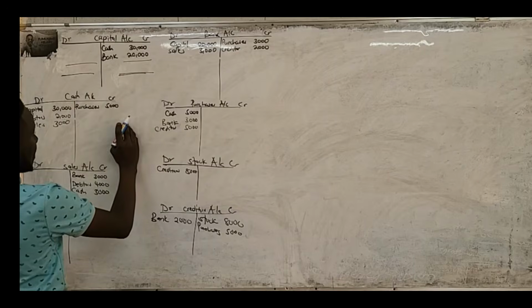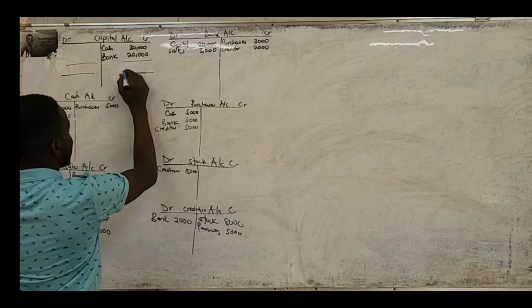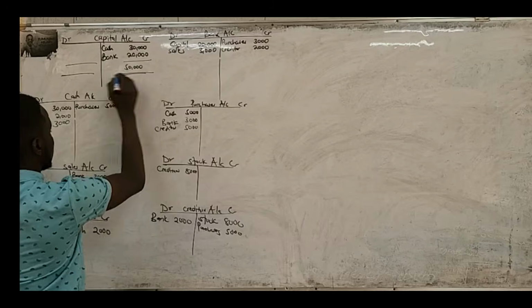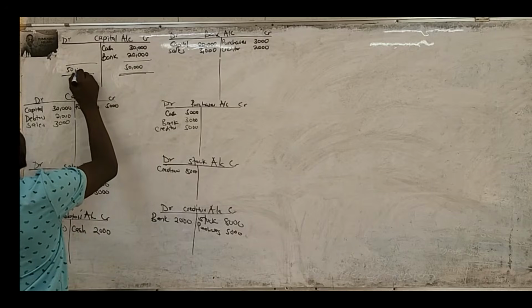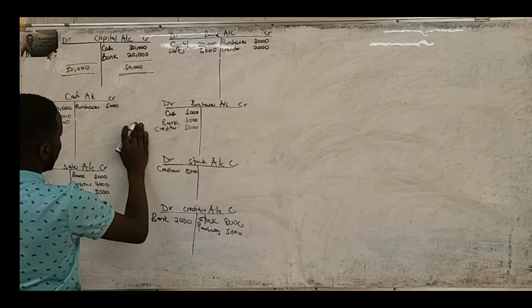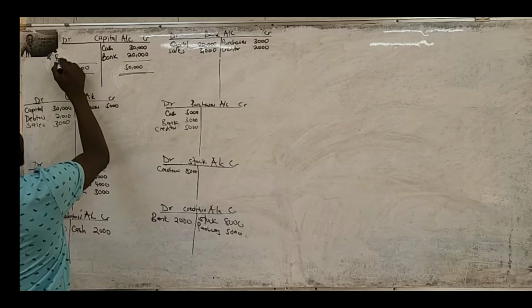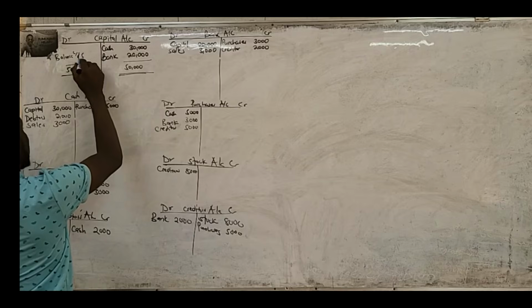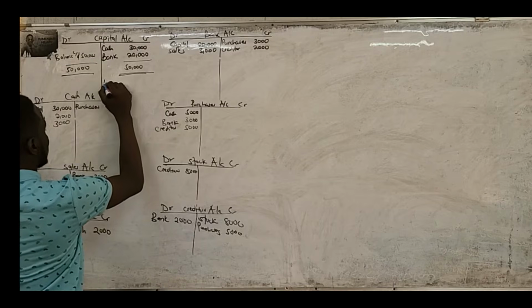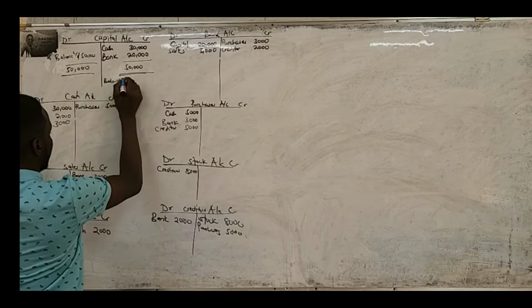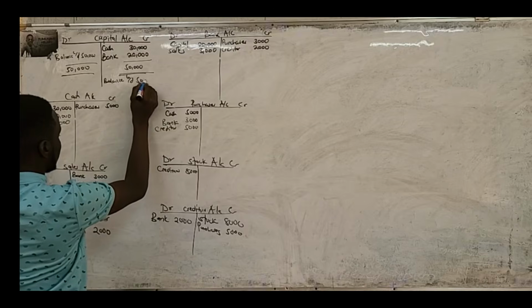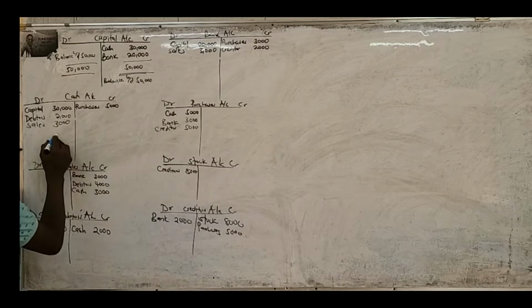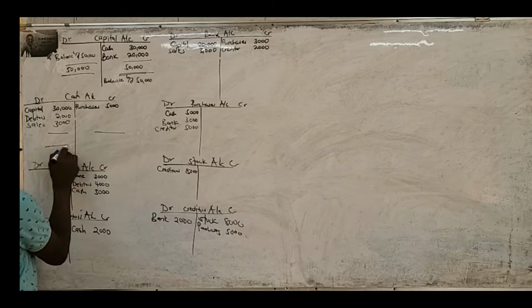So like I told you, we shall take the heavier side. This side is heavier. So the heavier side is what we put on both sides. Then we shall have our balance carried down as 50,000. Then it will become our balance brought down. Still, it happens here.